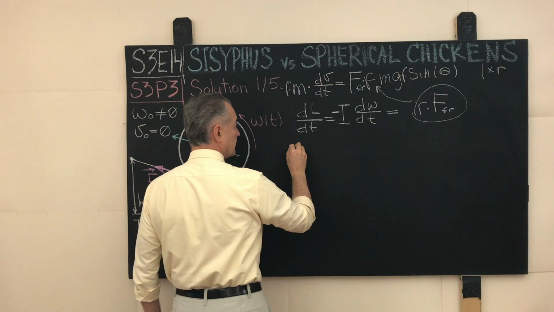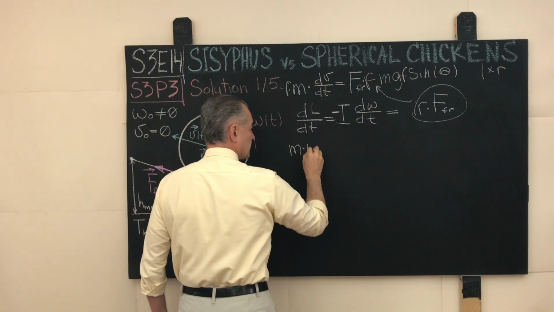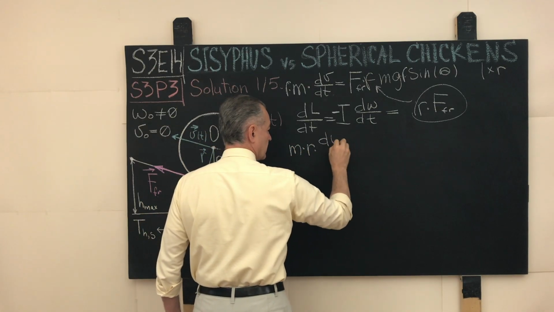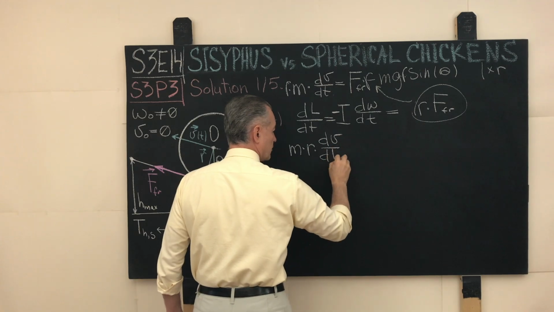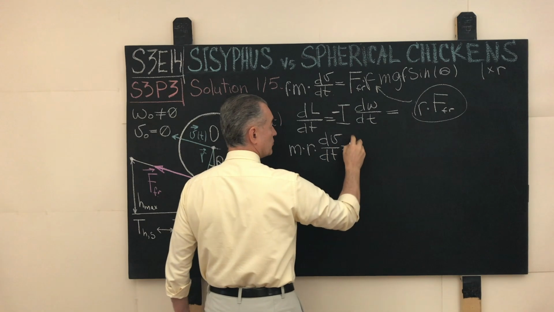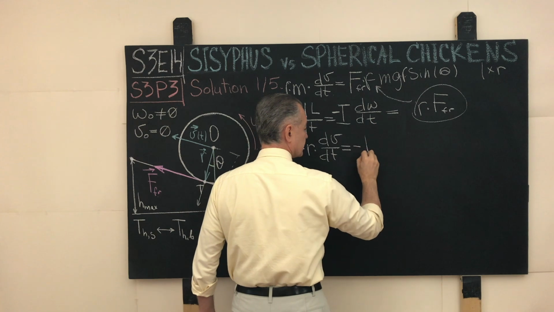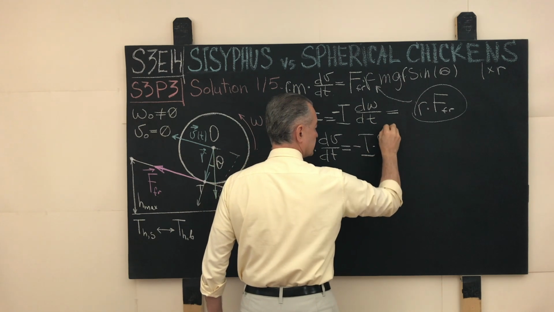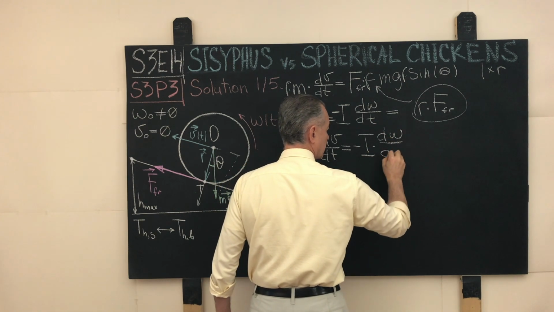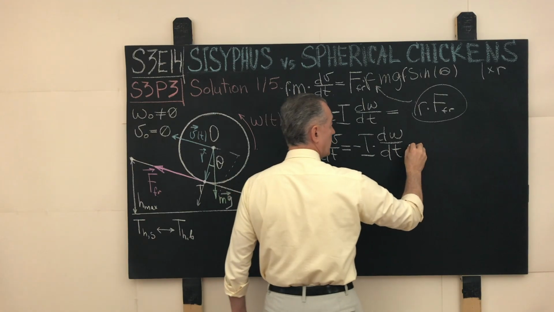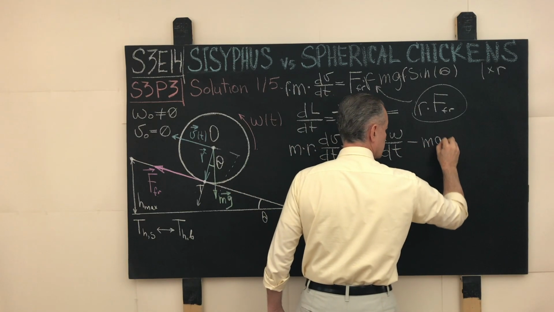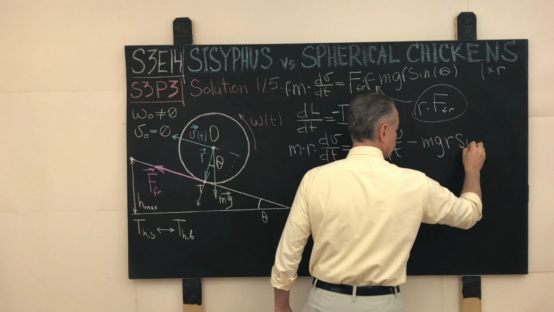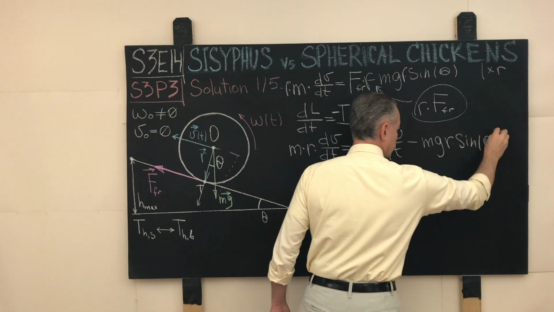We will have m times r times dv over dt is equal to what? Minus I times d omega dt minus mgr times sine of angle theta.